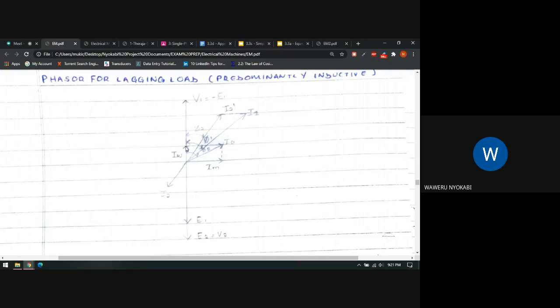So now we're being told the load is lagging. A lagging load means that the current will lag the voltage. So I2 here is lagging V2, because remember E2 is equal to V2. When there's no load, the current being drawn by the transformer on the primary side is I naught.